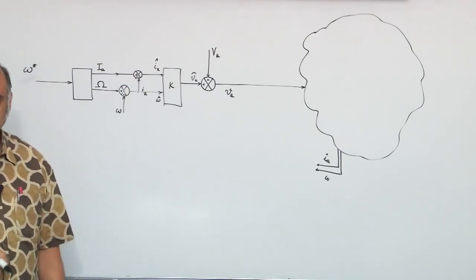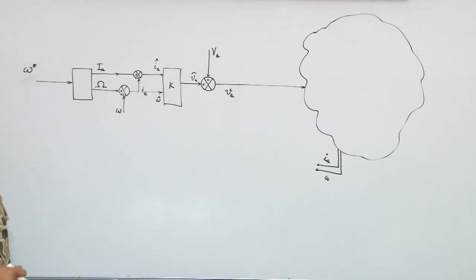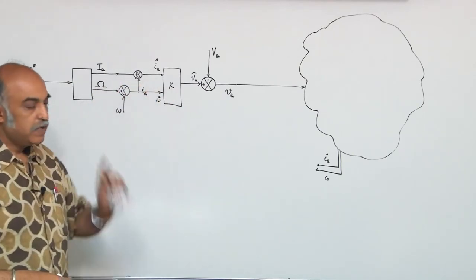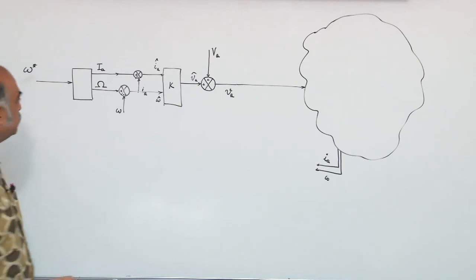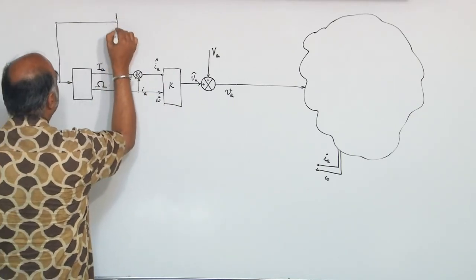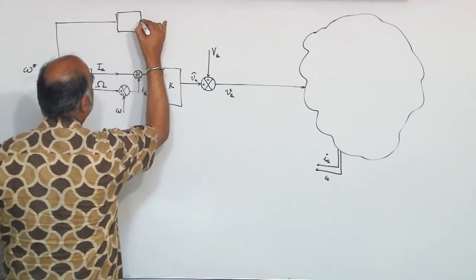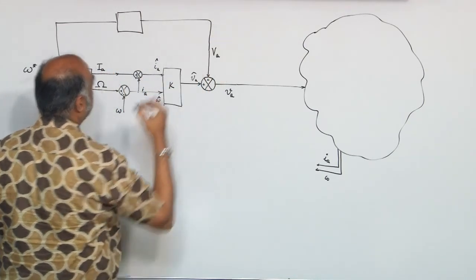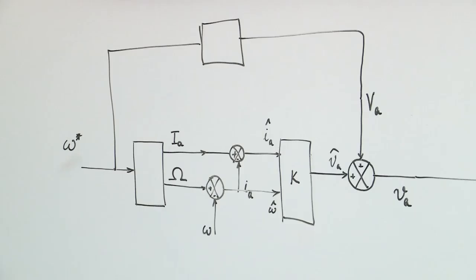TL is a load disturbance, okay. That is a disturbance input, you have no control on that. Using VA only you will be trying to control. Now, this VA is coming from a feed forward term, right, steady state operating point.